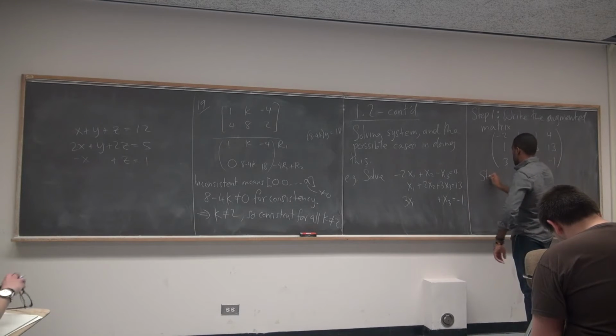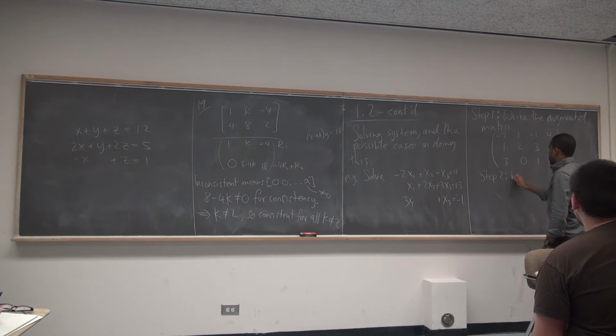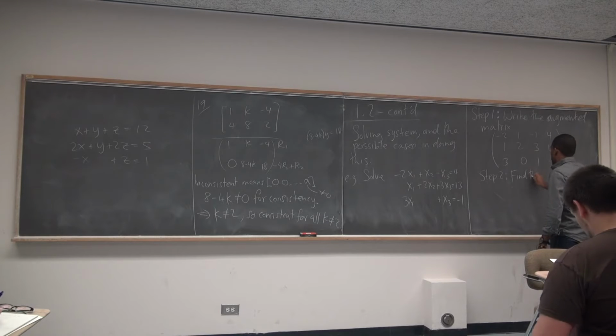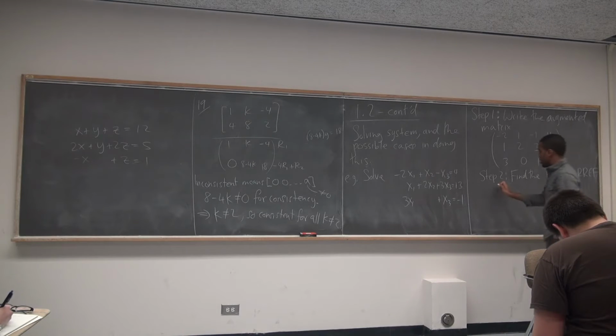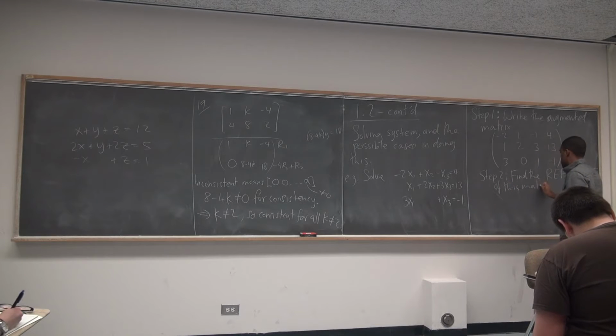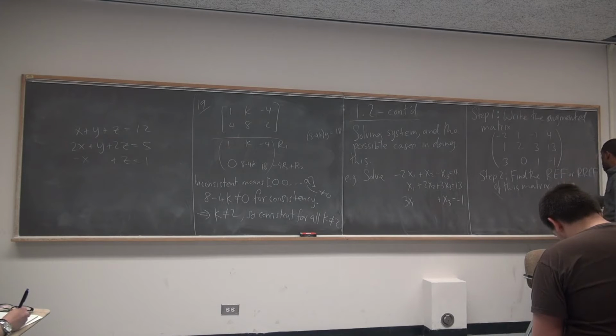Step 2. Find the row echelon form or reduced row echelon form of this matrix. I'm going to illustrate finding the RREF.